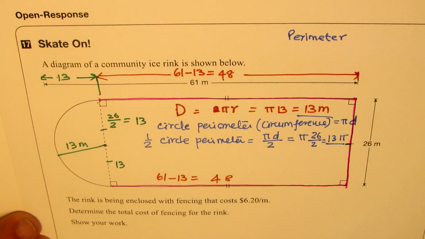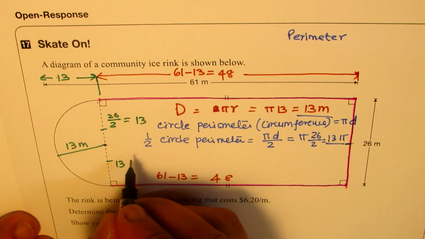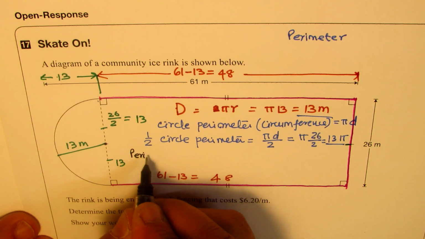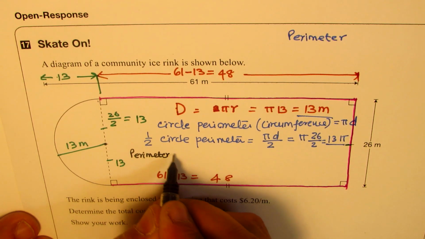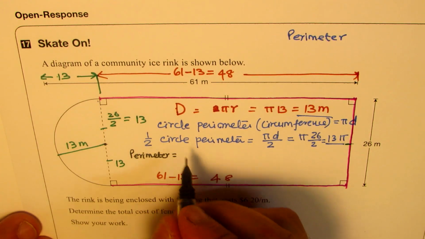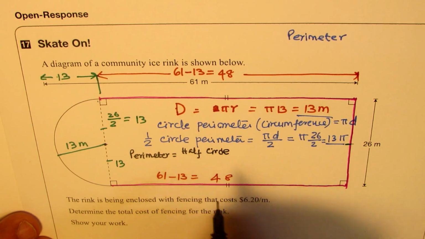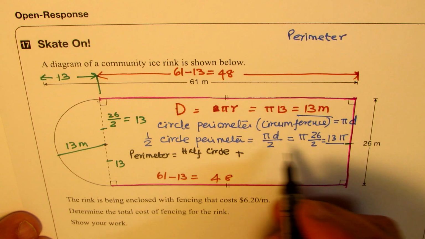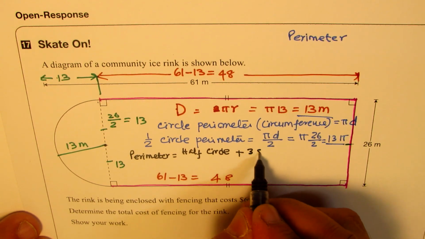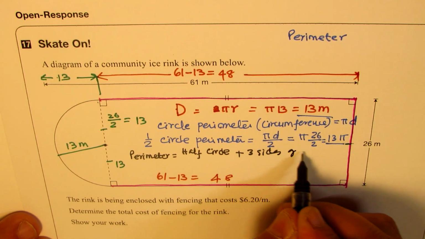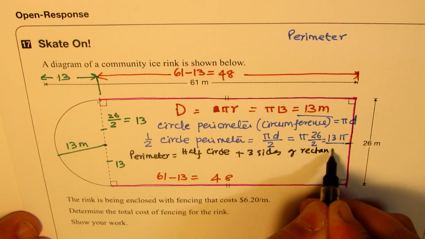So now we can say what is our total perimeter, right? From here we can write, perimeter is how much? Perimeter is half circle plus 3 sides of the rectangle, correct?